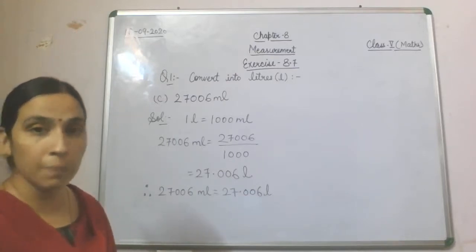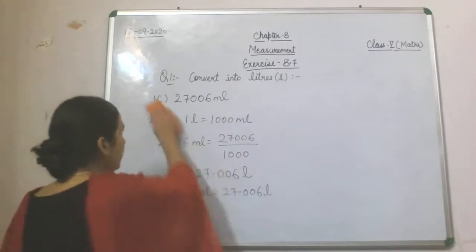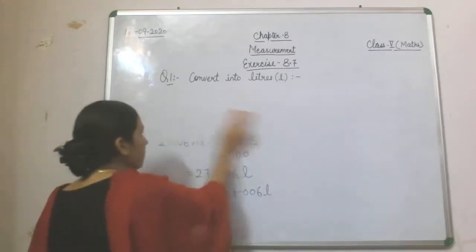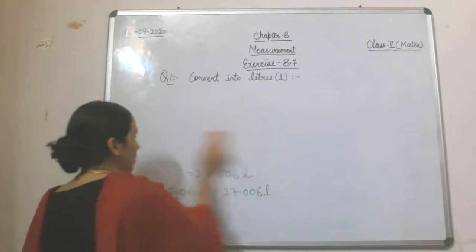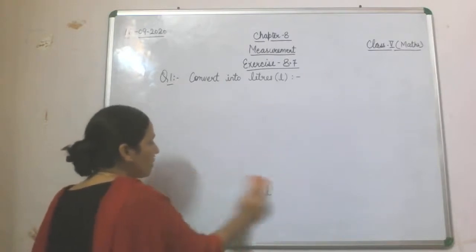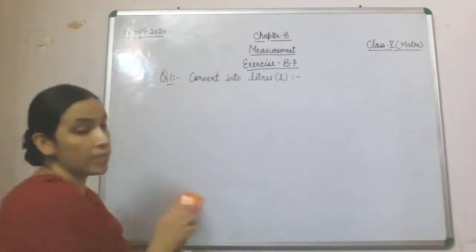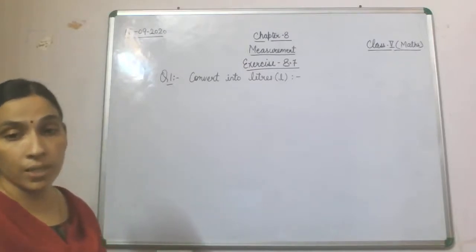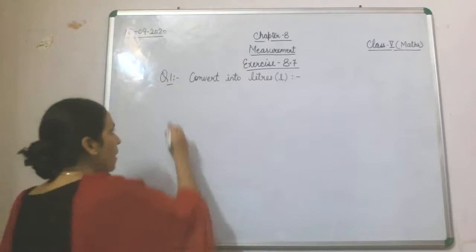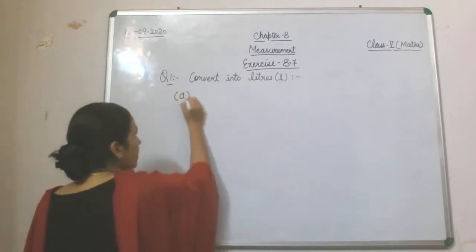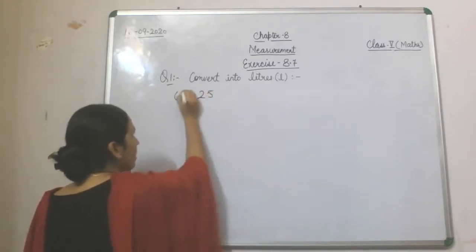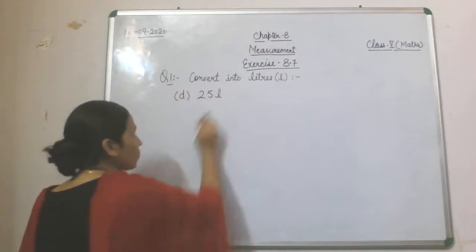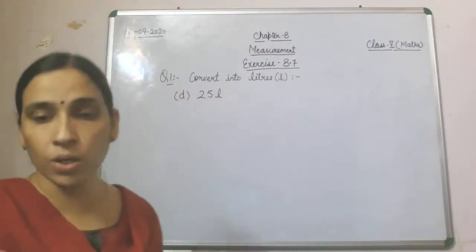Now children, D part of this question 1 is given in liter and milliliter both. So here what you have to do, again and again I am telling you the same concept: the part which is already given in liter, you will not convert. 25 liter, this you will not convert.